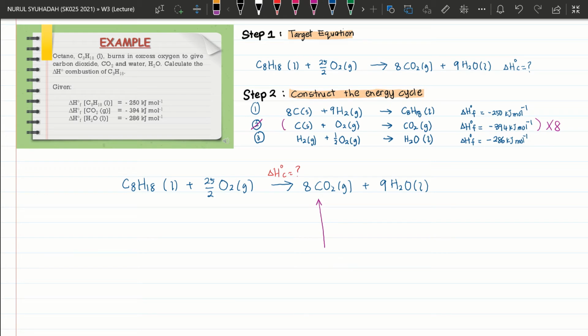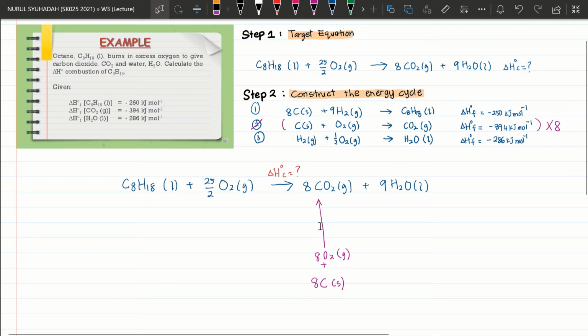Let me do it down here. 8 carbon solid plus oxygen gas. So this will be the first equation.